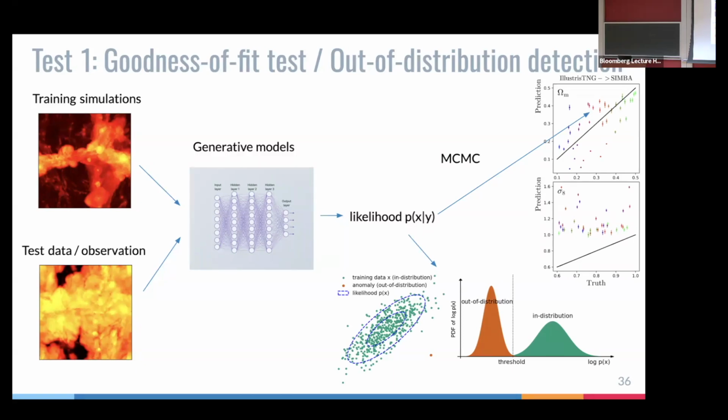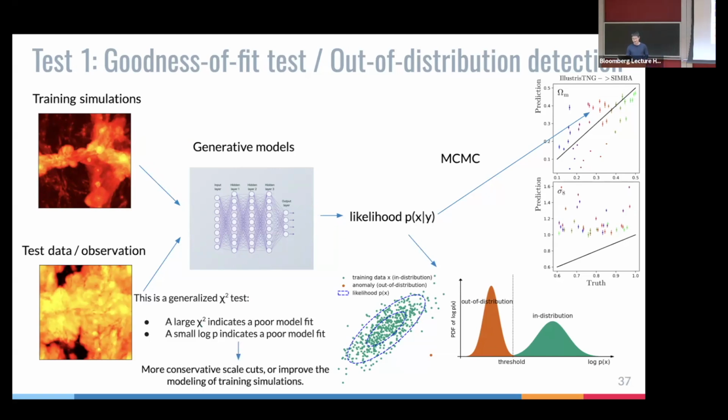If your observation is not really drawn from your training distribution, you expect that its density should be much lower than the typical value of the training data. So this is essentially just a generalized chi-square test. In the two-point analysis or the summary statistic analysis, a larger chi-square would indicate that you have a poor model fit.